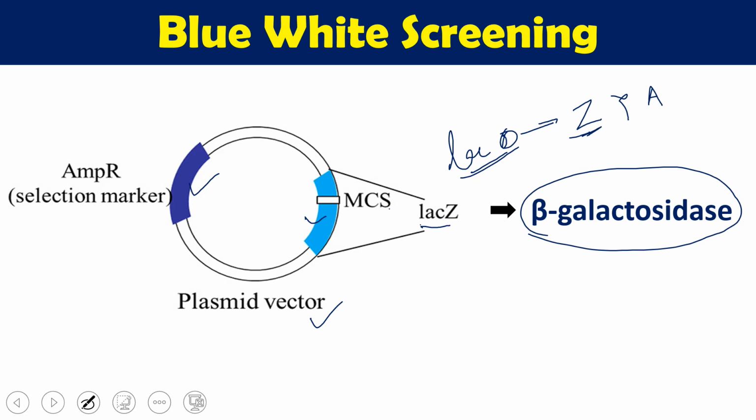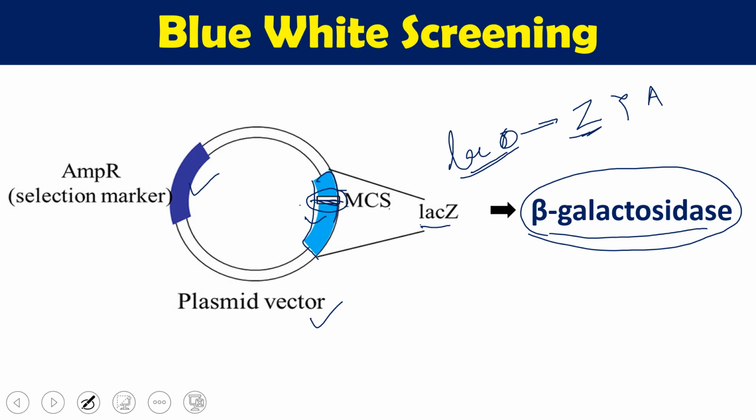Here we have the MCS, the multiple cloning site, meaning sites for various restriction endonucleases.